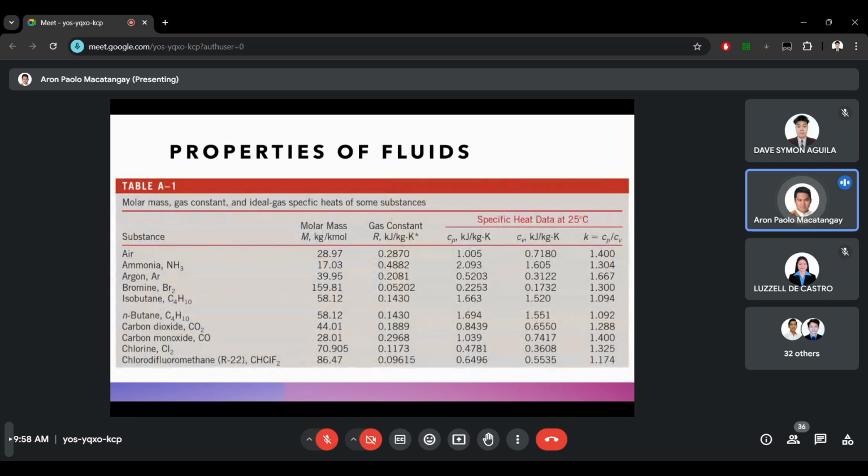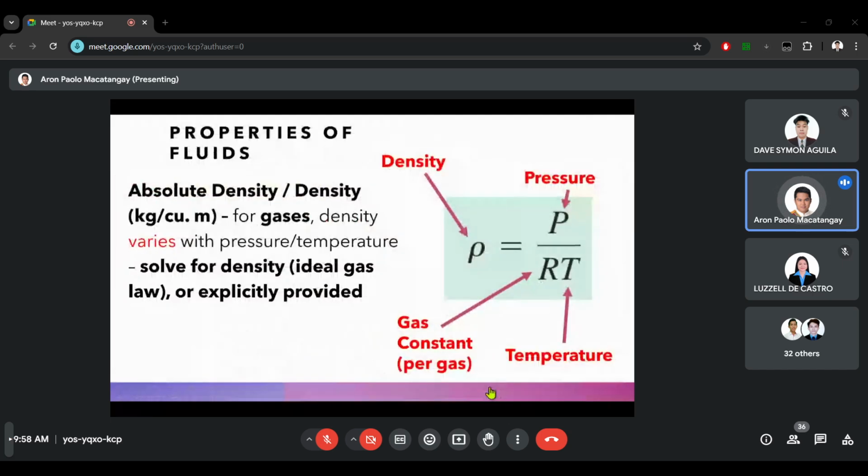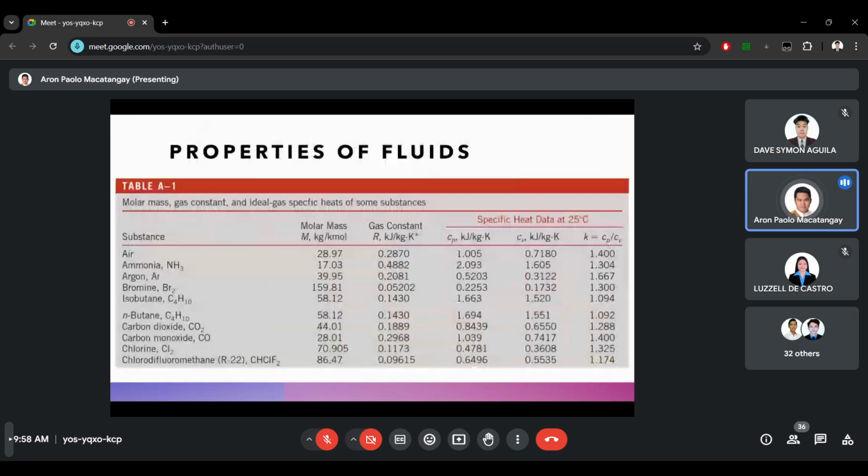So again, from your gas equation, R is a gas constant that is a different value depending on the gas. Okay? For example, for air, my gas constant usually is 0.287. If I have ammonia, it will be 4882, and so on for argon, bromine, isobutane, etc. So depending on the gas, you will have a different value of gas constant.